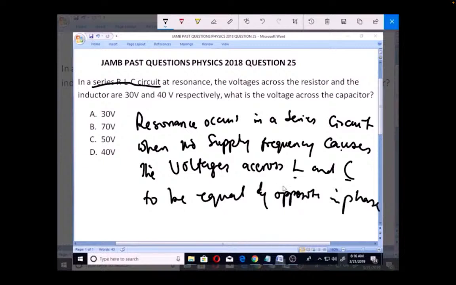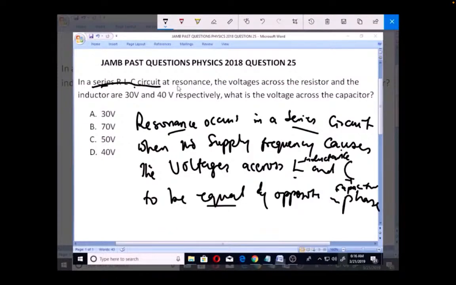So whenever the voltage across the inductance, this is known as the inductance L, whenever the voltage across the inductance and the capacitance, or the inductor and the capacitor, is equal, we call it resonance. That is happening in a series circuit, and this is a series RLC circuit.